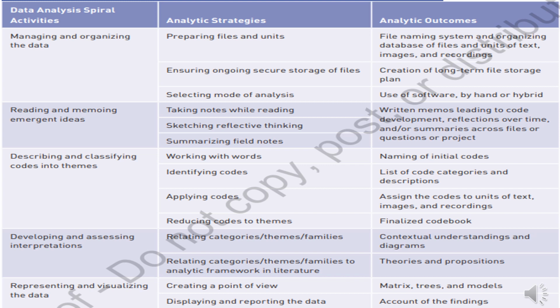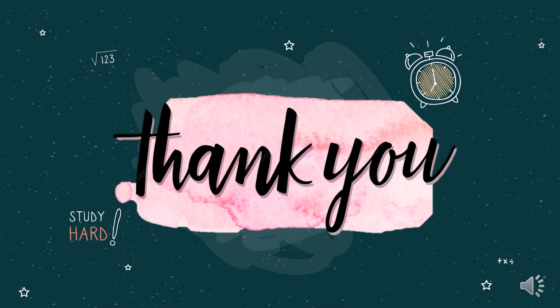And finally, the last activity under the data analysis spiral is representing and visualizing data. The strategies are creating viewpoints, and displaying and reporting the data, and the outcomes are matrices, trees, models, and accounts of the findings.